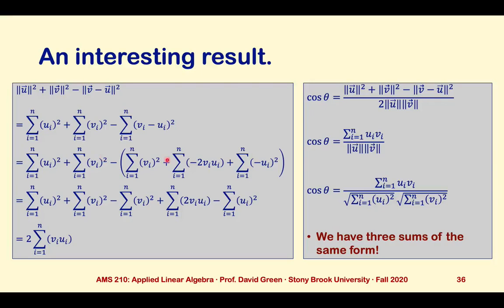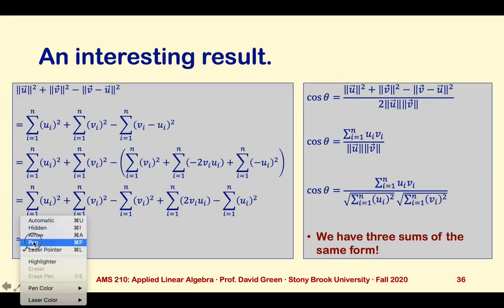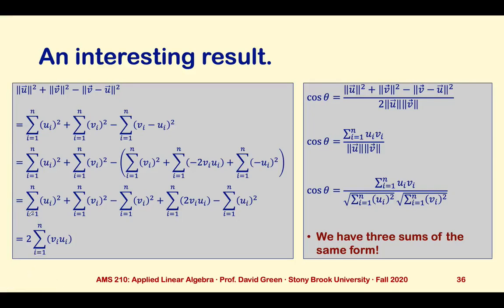If we now look at this, what do we have? We have a sum of all of the elements ui squared minus a sum over all the elements of ui squared. These terms cancel out, giving us 0. We also have a sum over vi squared minus a sum over vi squared.